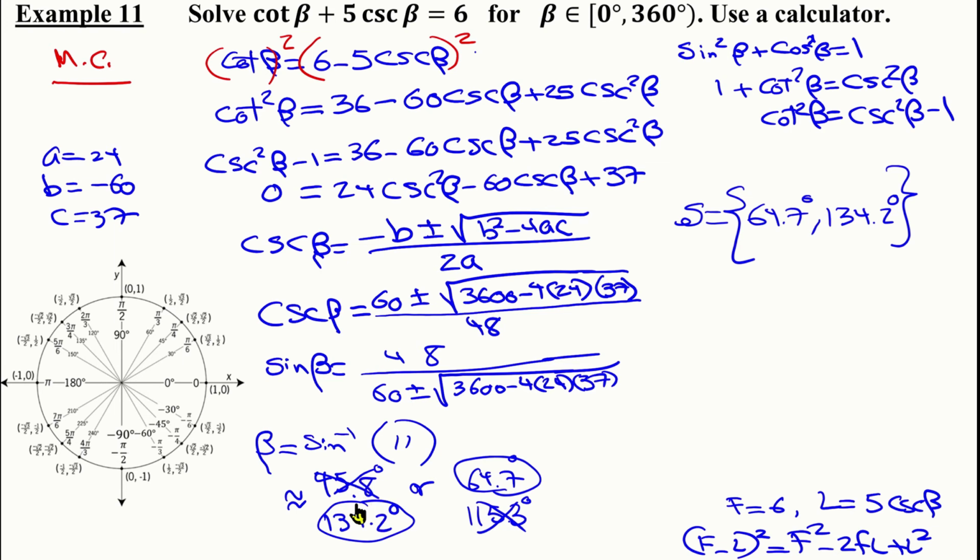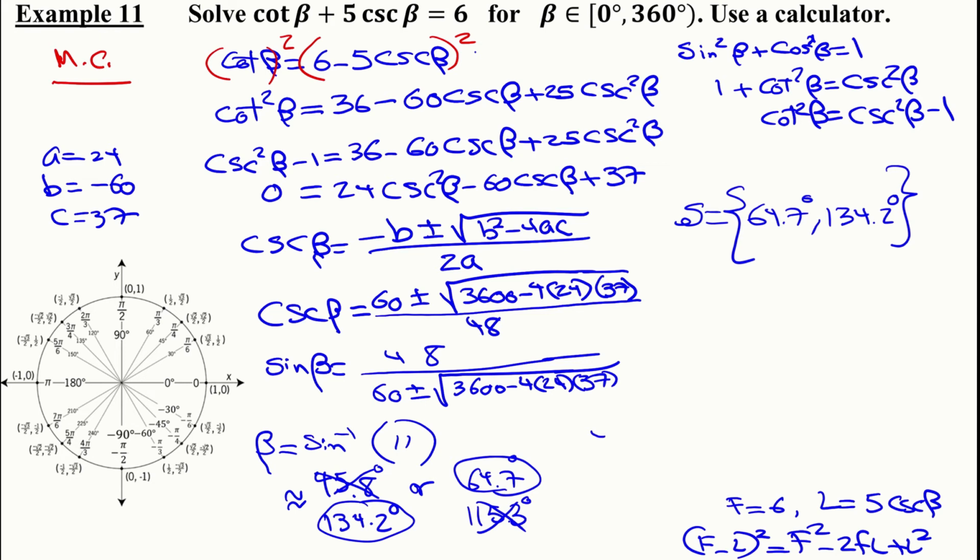Now, if you plug in these four into the squared equation, all of them will work because these are solutions for that squared version. But not all of them will work in the original problem, and that's why we have to do the check. So these two are called, once again, extraneous solutions.